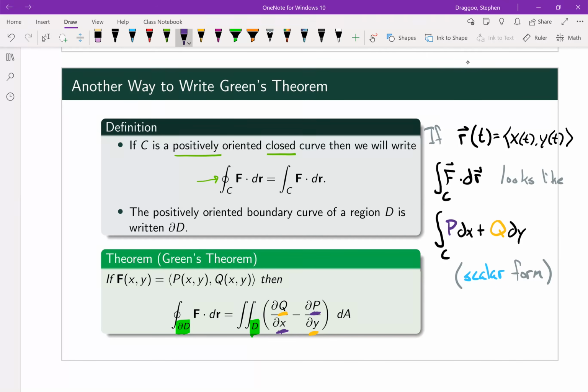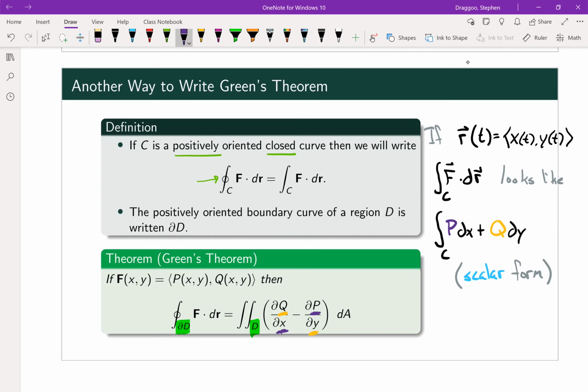One last thing to mention over on the right is that if we have some parameterization r that's parameterizing that boundary curve C or delta D, depending on which notation we want to use. So we have some parameterization r of t where the components are x of t and y of t, meaning x and y are functions of some parameter t. Then we can have F dot dr look like P dx plus Q dy, where dx and dy represent some function being multiplied by dt.